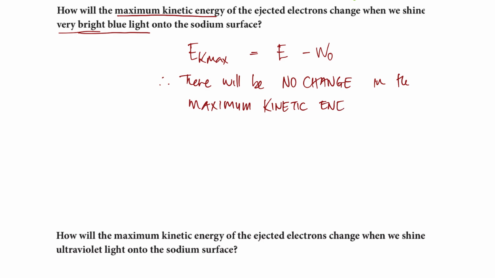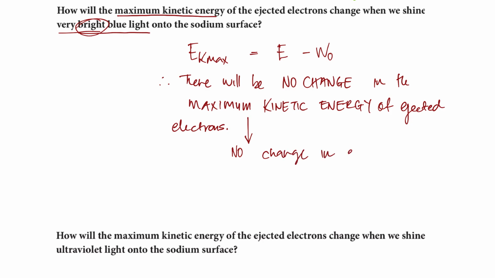Because, like I said, it's not about the brightness. It's about the type of light of the ejected electrons. The reason for this is there is no change in energy of the incident photons. Remember, blue light, there's no change.